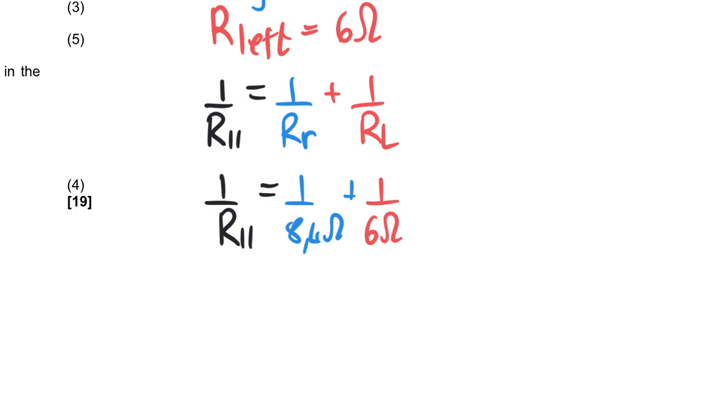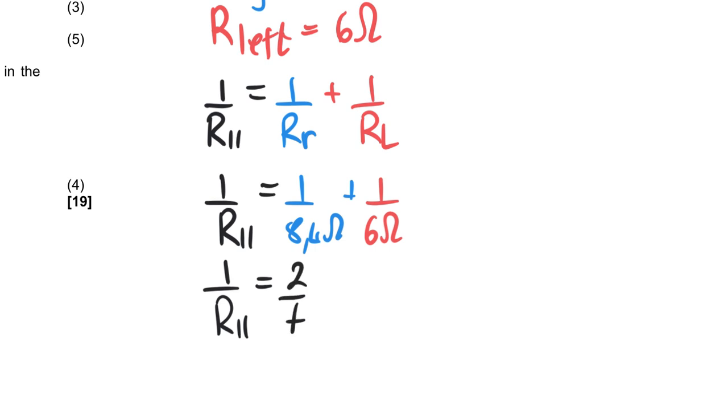So therefore 1 over R parallel is going to equal, and we use the calculator, 1 divided by 8.4 plus 1 divided by 6, and that is going to give us 2 over 7.